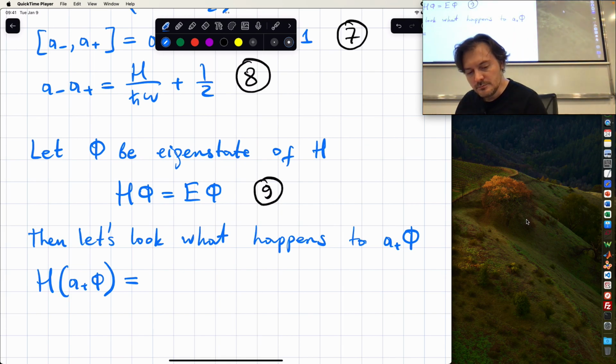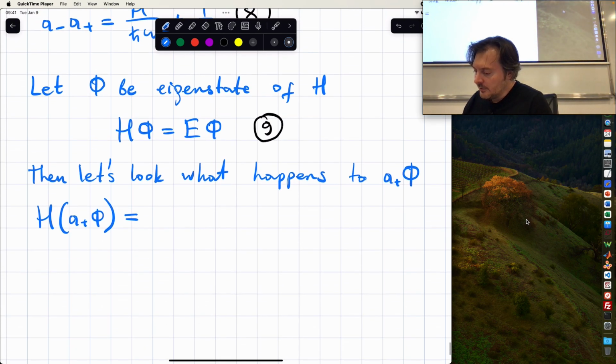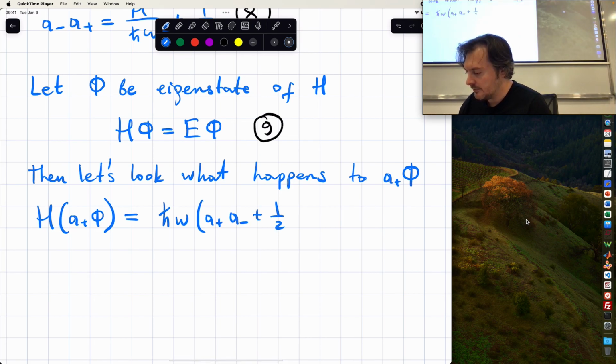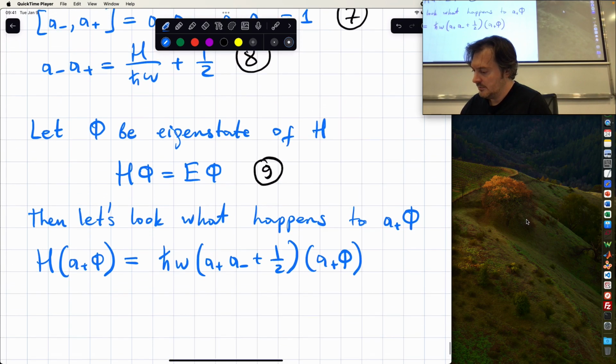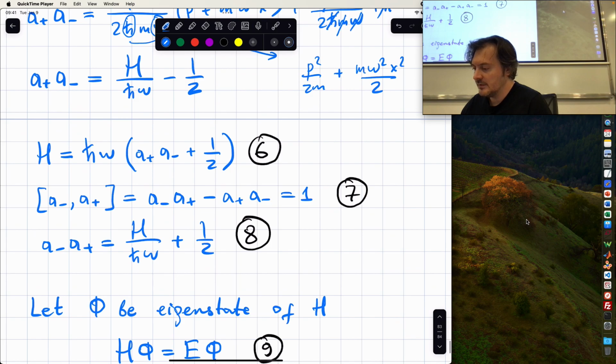So Hamiltonian is this, right? h bar omega times A plus A minus plus 1/2, times A plus phi. This is what we are looking at, right? Do you have any objection to this? Did you follow this? Instead of H, I have written equation number 6.